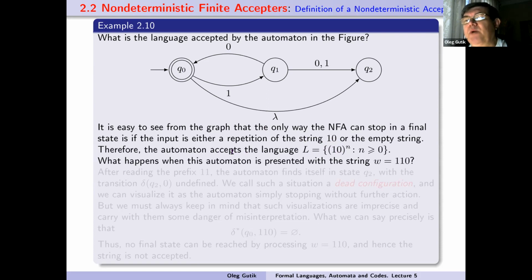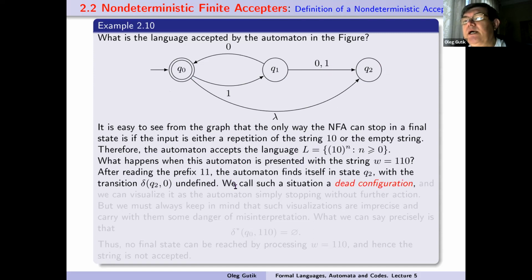What happens when this automaton is presented with the string W equal to 1, 1, 0? After reading the prefix 1, 1, the automaton finds itself in the state Q2, with the transition delta of Q2, 0 undefined. We call such a situation a dead configuration.